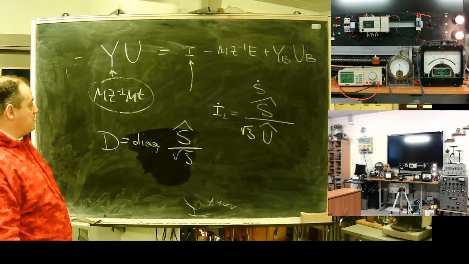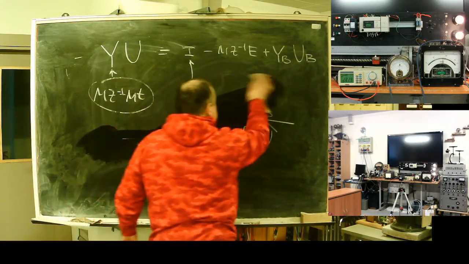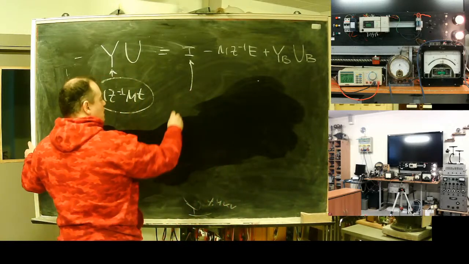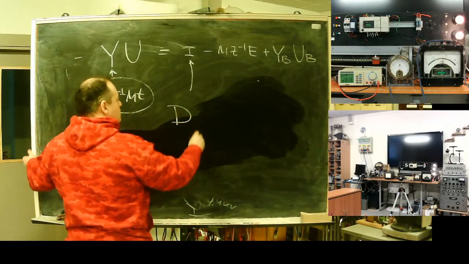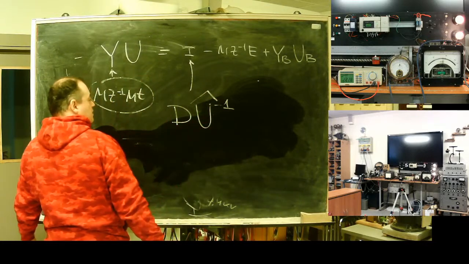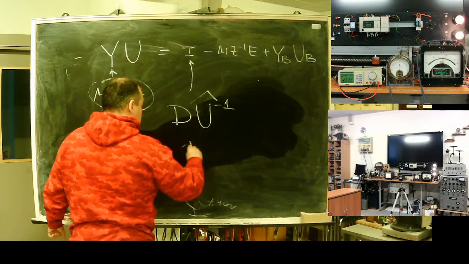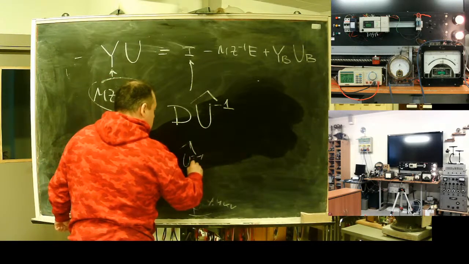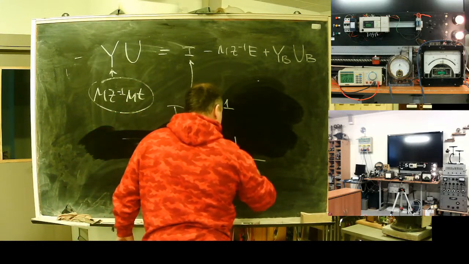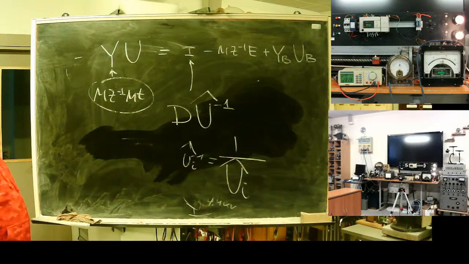It's a diagonal matrix. If so, currents will be D multiplied by one divided by the conjugated voltage of the node I.